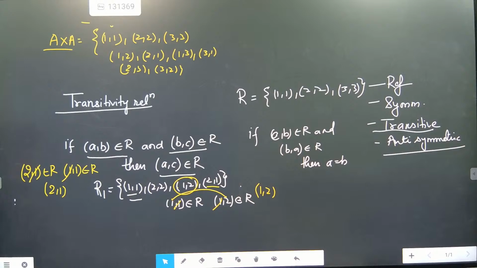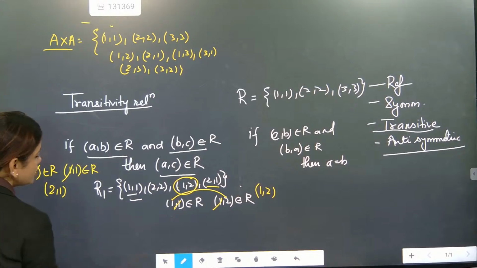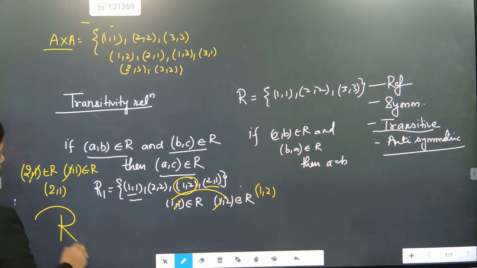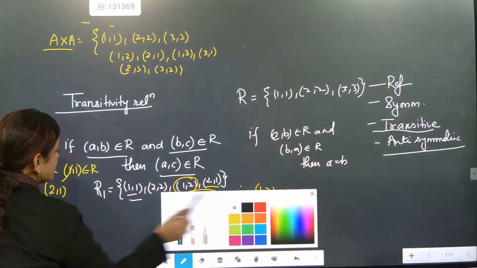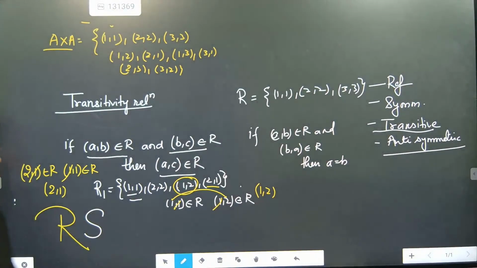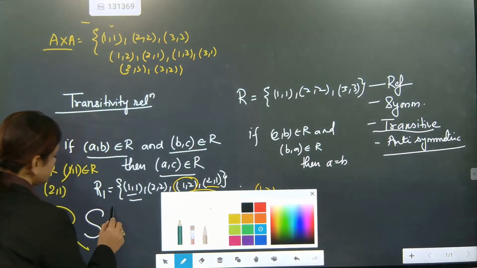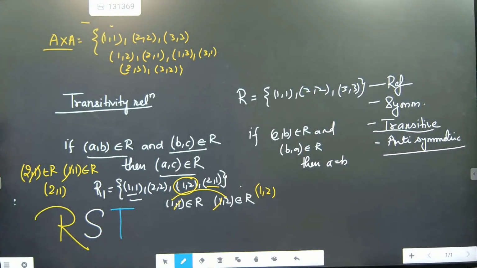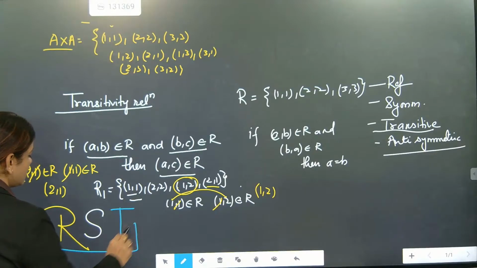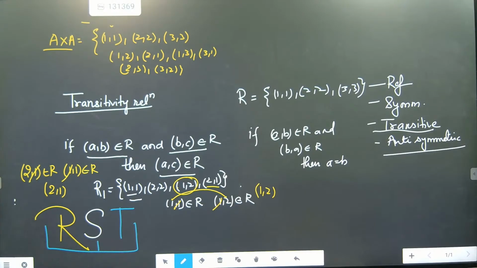Did you understand? And beta, when three are together, R, S, T, what are the three together? R, reflexive, S, symmetric, and T, transitive. If these three are together, it is called an equivalence relation. You see, E is coming.